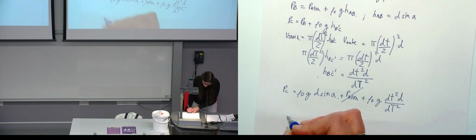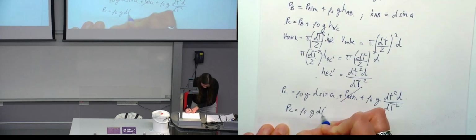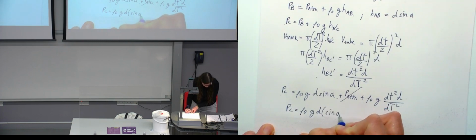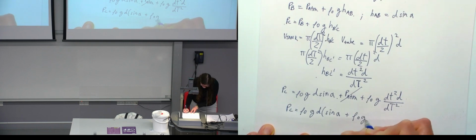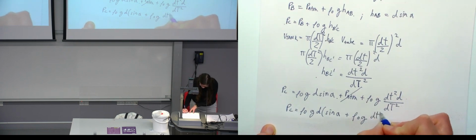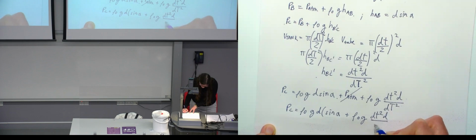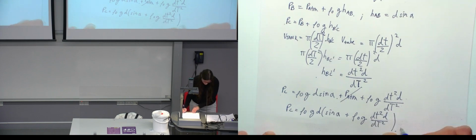So first you can say that PC is rho oil g d sine alpha plus rho oil g dt squared d divided by dt squared.